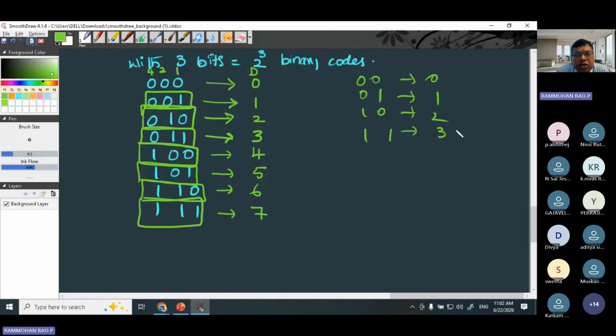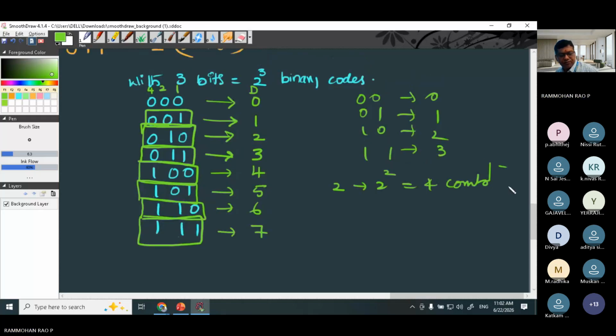The most important point to be noted is, with 2 bits, how many combinations did you get? With 2 bits, you got 2 power 2 combinations, which is 4 binary codes.